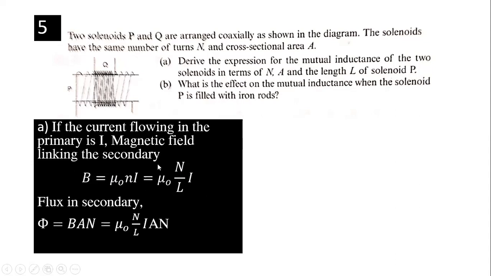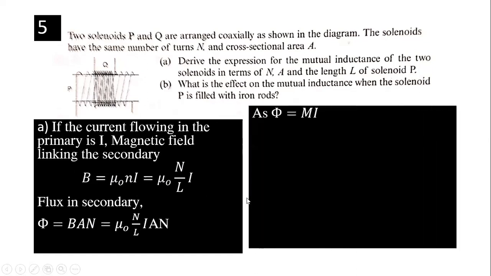That's your B, not NI times your AN. Then compare with your flux linkage, M times I. Take the I off, so you got your answer. From here, just remove the I. We have derived that in class.